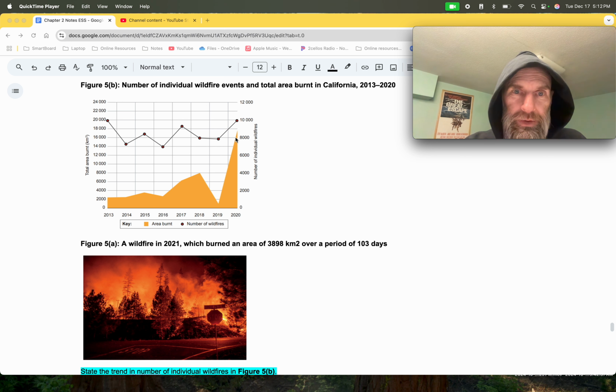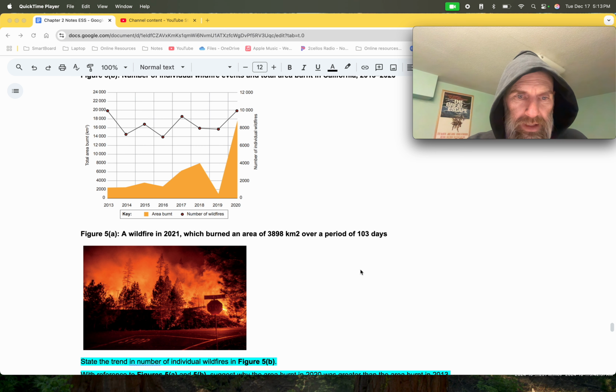Really bad, 2020. All right, number of wildfires. Plodding along. So that's the highest right there. So a wildfire in 2021 burned over a period of 103 days. Damn, a third of the year. Wow.